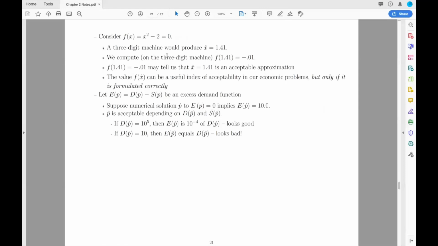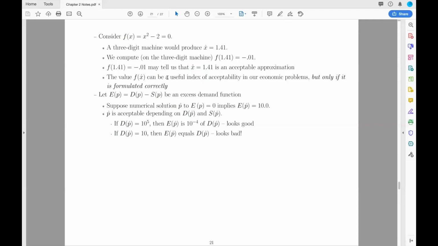Now, here's a math example of this. x squared minus 2 equals 0. So basically, x is the square root of 2. A 3-digit machine would give you 1.41. You plug it back into f, and you see that the error is on the order of 0.1, or 0.01. Now, who knows? That may be small, maybe big.